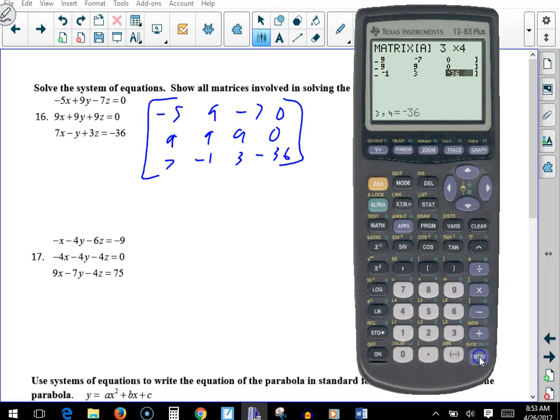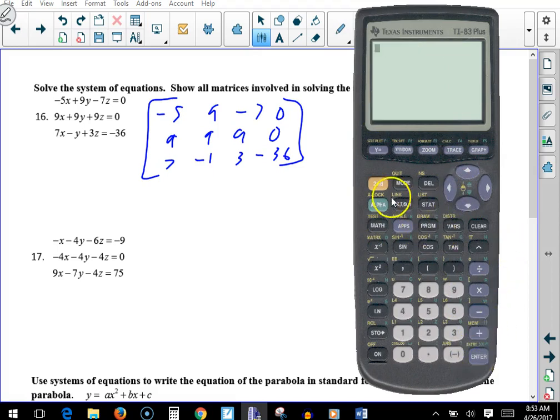-36. Now remember, at this point, do not try to calculate your matrix. If you do, it's going to put it right here. I'll show you what it looks like because many of you have done it. Second matrix, you go over to math, you go up or down to RREF, and you tell it to choose A. The problem is, with this stuff in front of it, you're going to get an error.